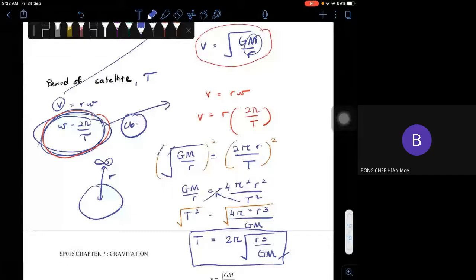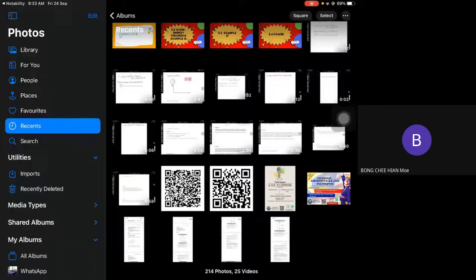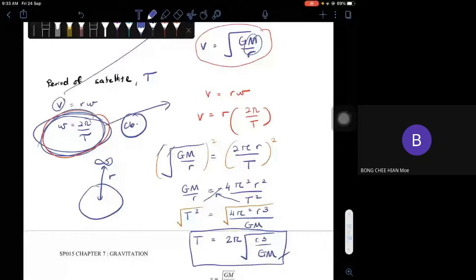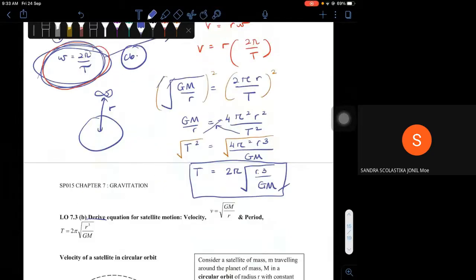Okay, dah habis salin? Okay, sorry. Okay. Can Miss continue? Boleh Miss. Okay. Right, sikit lagi nak habis. Lepas tu habis chapter 7.